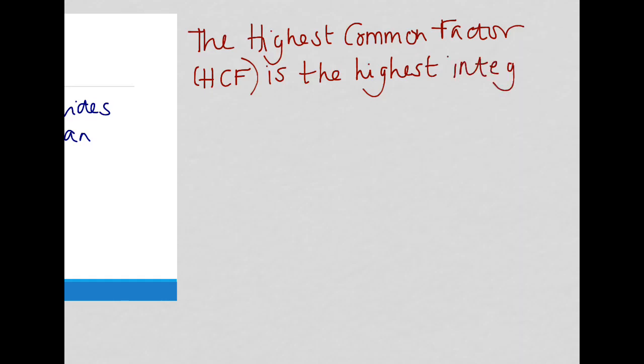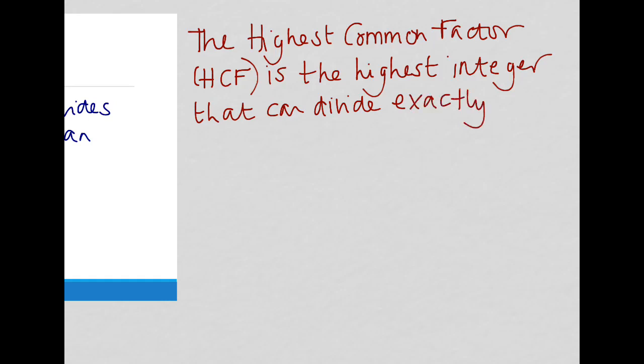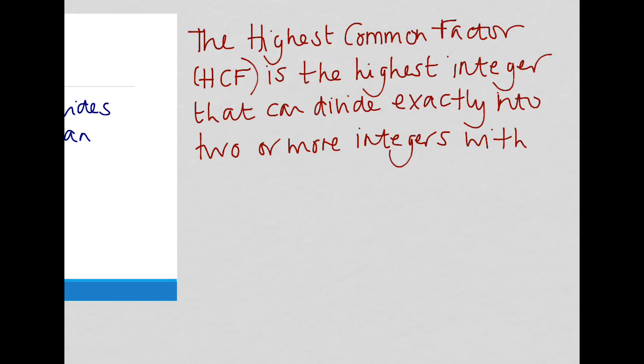Notice that important thing of that integer again, that can divide exactly, so that means with an integer answer, into 2 or more integers, because though the example I gave you was about 10 and 12, it could be more, with no remainders, which again focuses on that idea of it dividing in exactly and giving an integer answer.